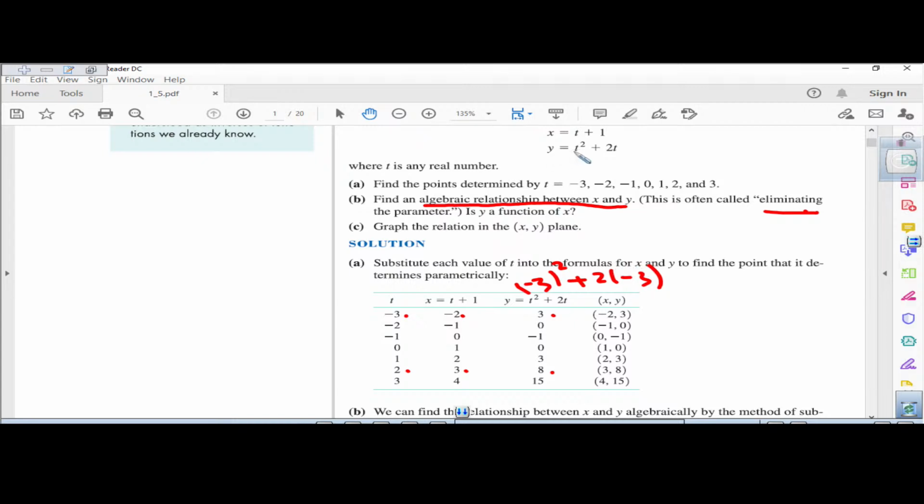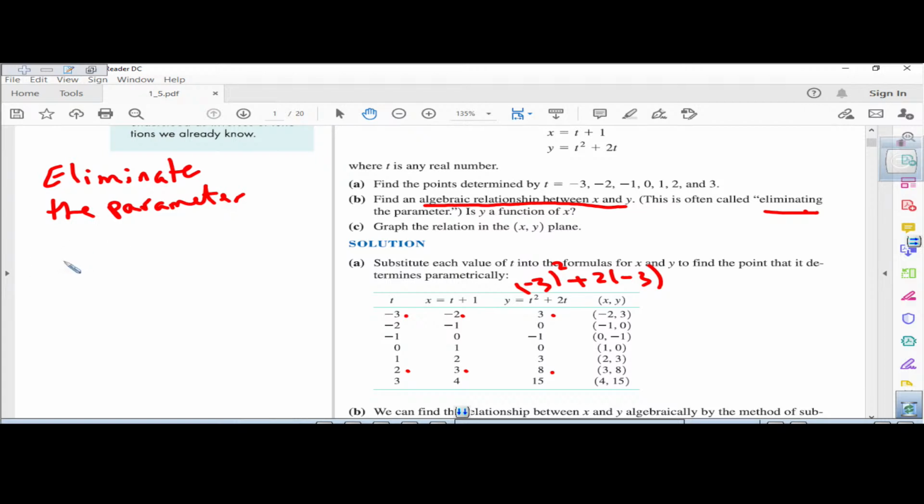So I'm not going to start with what they have here. I'm going to start with a simpler example. Eliminate the parameter in these equations.